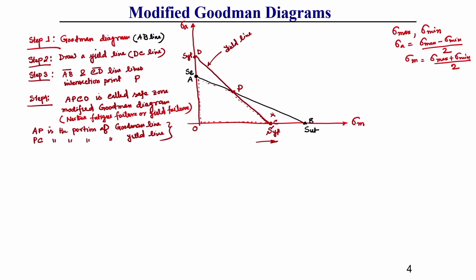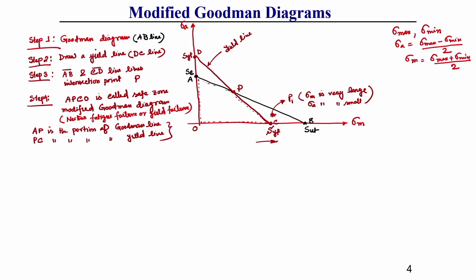Let us consider some point P1, which is lying in the portion of PCB. When will this PCB zone come? When sigma m is comparatively very large and the amplitude is very small. For this condition you can get some point which is outside this modified Goodman diagram, lying in the P, B, C zone.